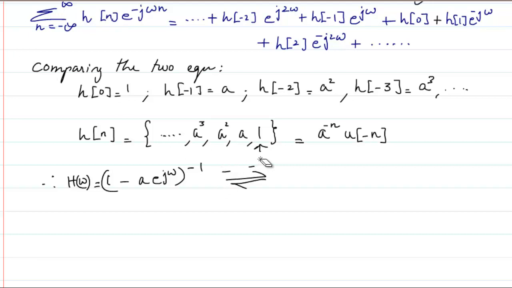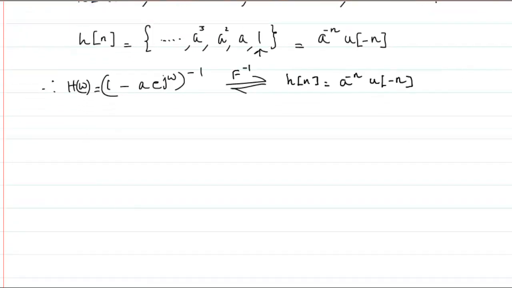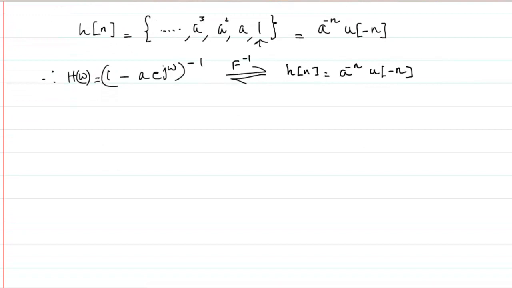Sometimes in some cases it is also just simply written as F inverse. Okay, so the Fourier inverse of that is going to be h of n is a raised to power minus n u of minus n. Okay, clear?